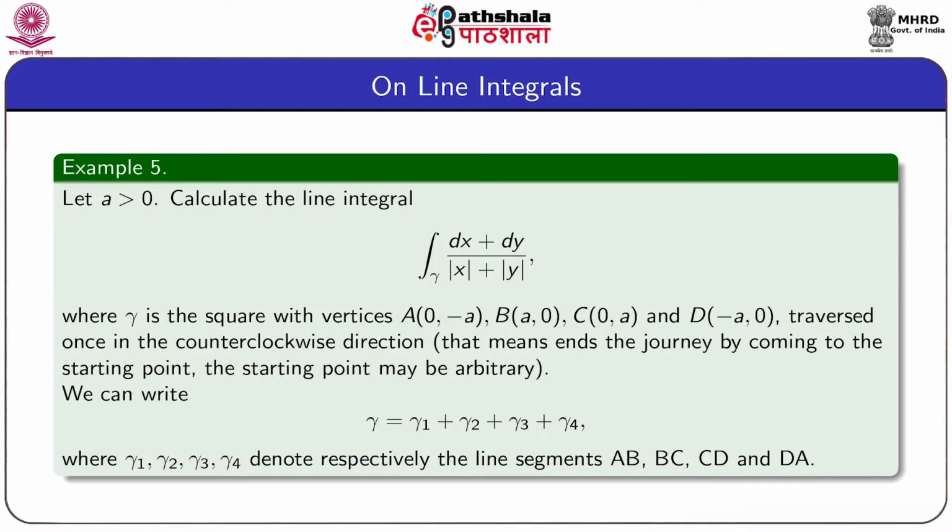Now, another example. Let a be a positive number. We have to calculate the line integral over gamma of (dx + dy) by (|x| + |y|).